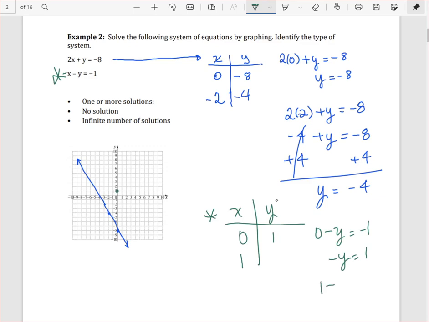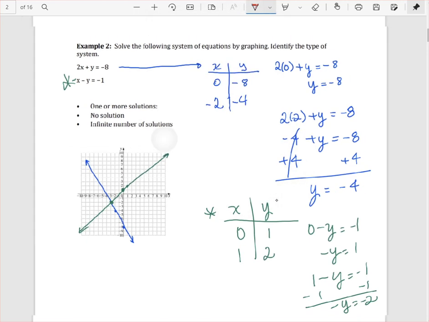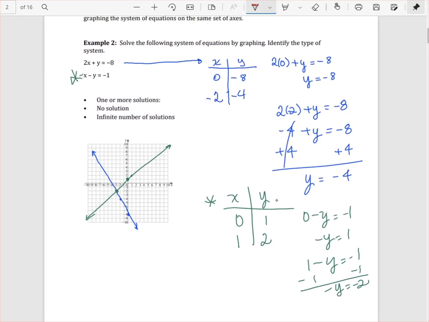And then when you put 1, it's 2. Then MyOpenMath will automatically graph it, and you will see that the answer is the intersection of the two.